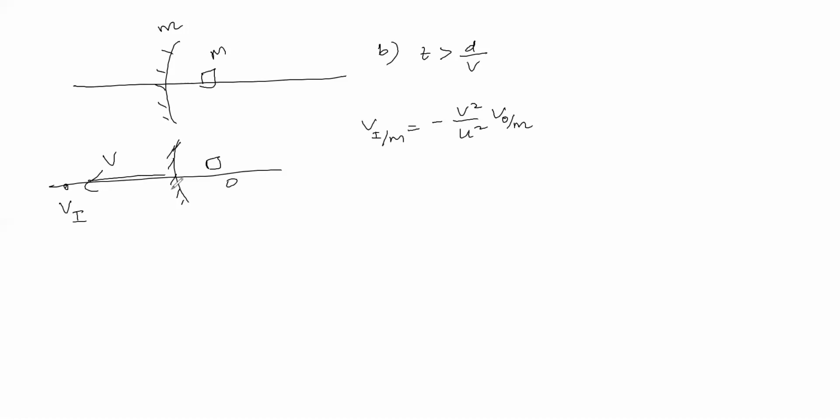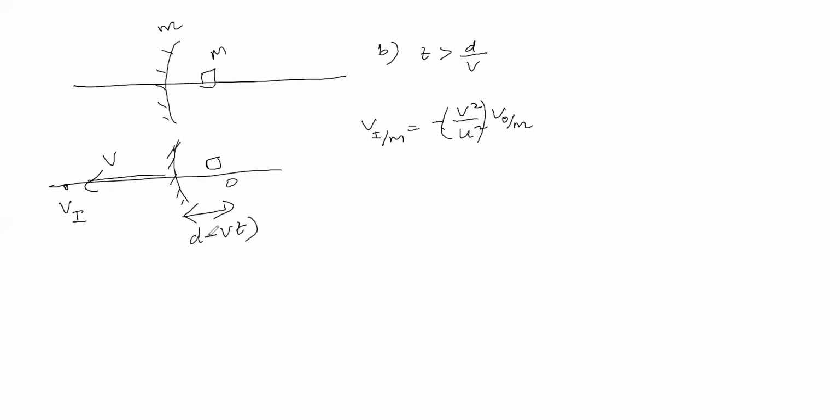Now in the second case the mirror is moving, so the velocity of the image with respect to the mirror equals minus v square by u square into the velocity of the object with respect to the mirror. Here v is the image position, u is the object position. In this case, u at a certain time will be d minus vt.